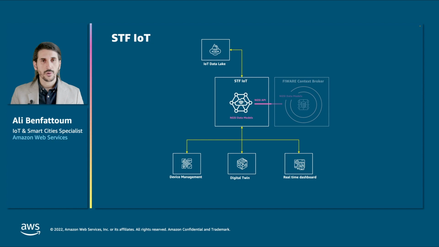The STF IoT module offers digital twin capabilities, enabling territories to store and retrieve in real time the current state of every registered device. It also consists of an IoT data lake built on Amazon S3 that territories can use to store, query, and generate insights about their IoT data, but also to easily visualize them.